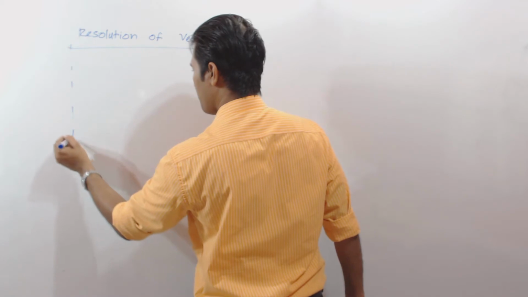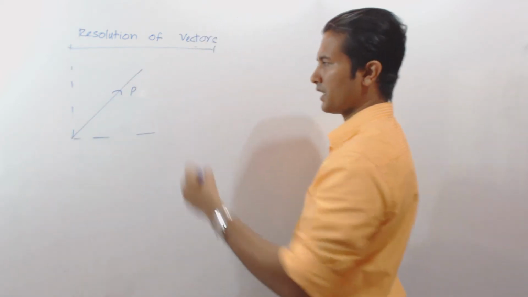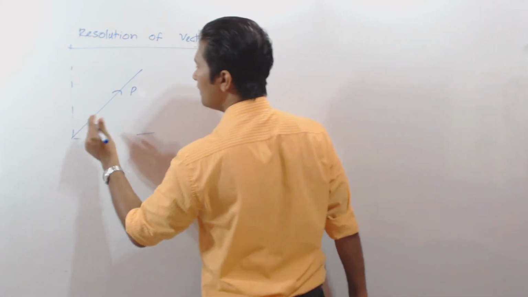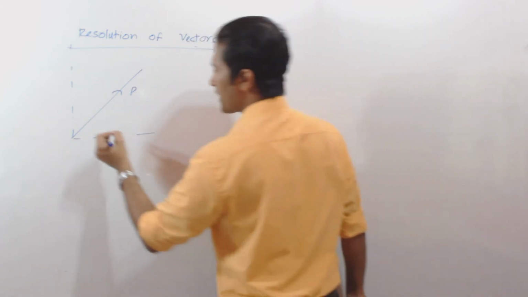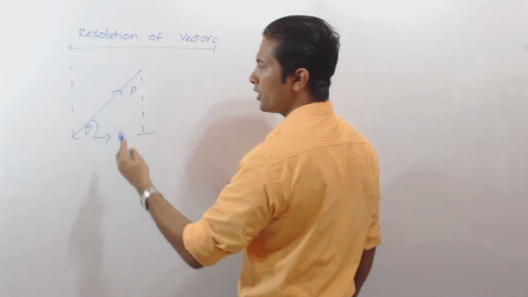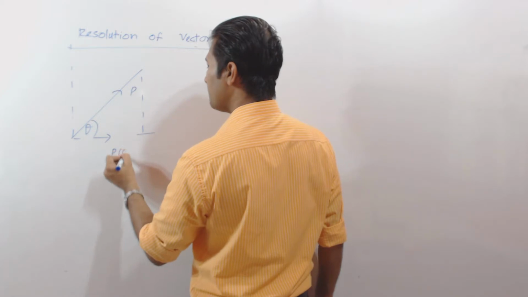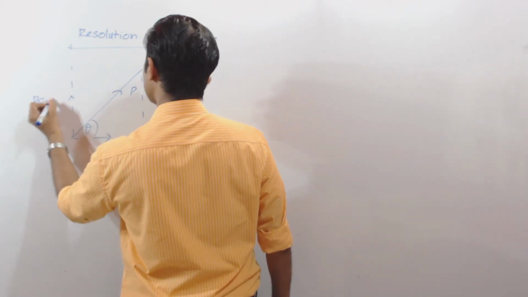When a particular vector such as P makes an angle with the x-axis as theta, the component of P towards the angle should be P cos theta, away from the angle should be P sin theta.